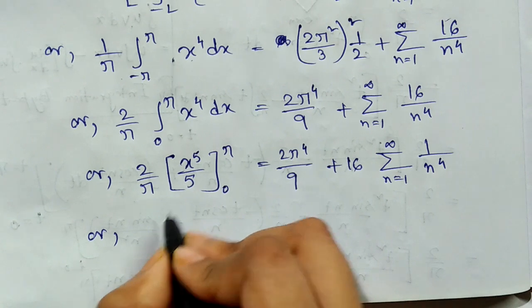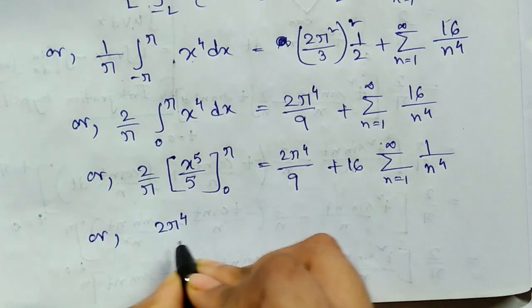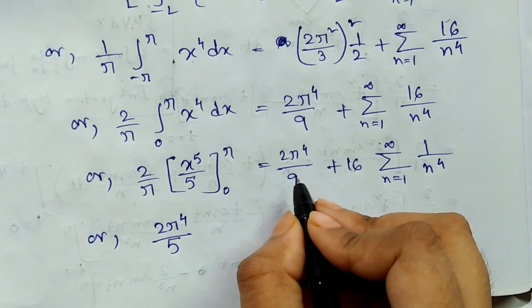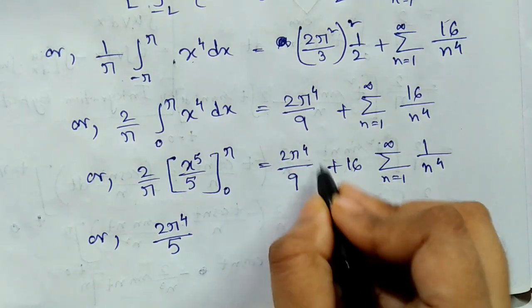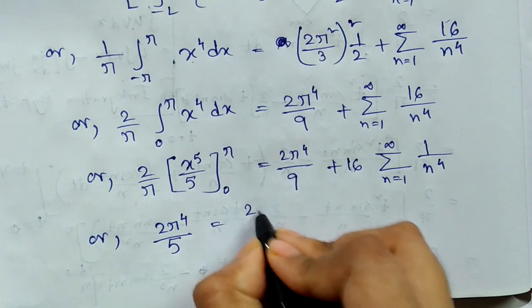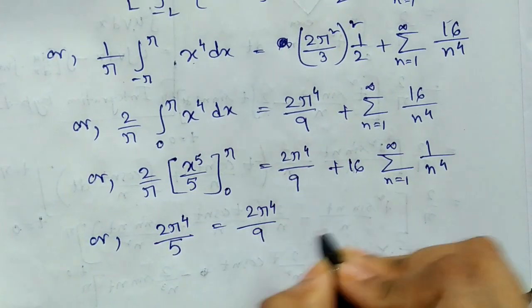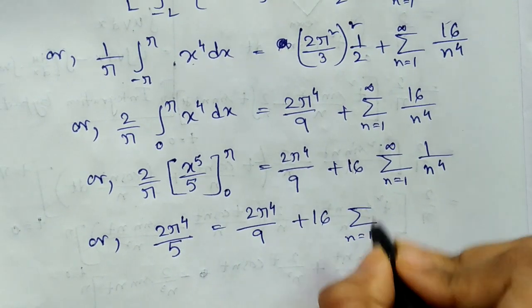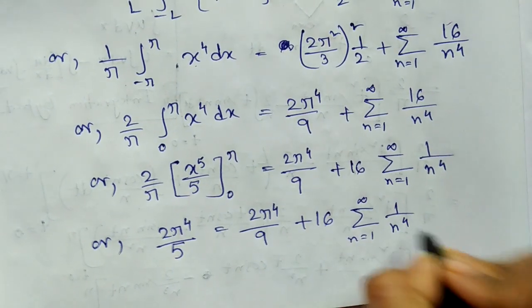So we get 2 pi to the power 4 by 5, and again this is the term 2 pi to the power 4 by 9 plus 16 summation n equal to 1 to infinity 1 by n to the power 4.